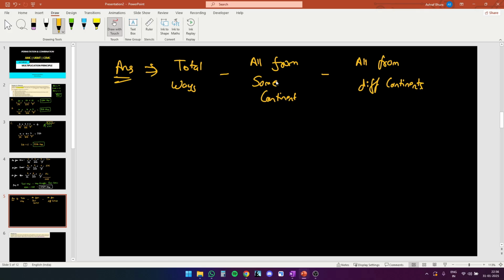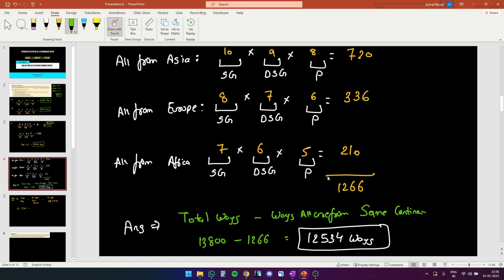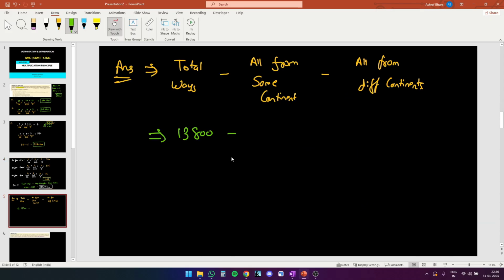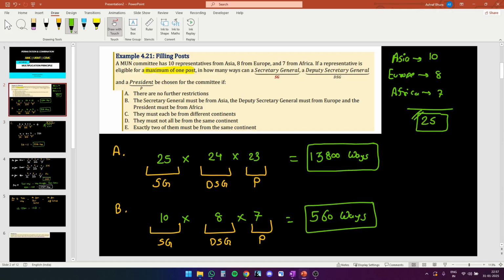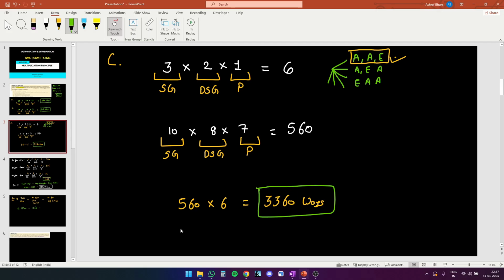So we have the answer for all being from the same continent, we have the answer for all being from different continents, and we have the value for the total number of ways. So total number of ways are what? 13,800 minus all from the same continent. What was the answer? 1266. So minus 1266 minus all from different continents. What was the answer where all were from different continents? 3,360 ways.